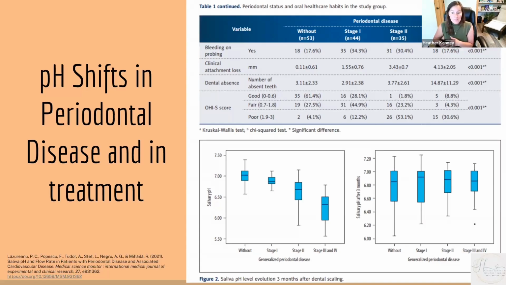On the right side here, you can see after treatment at 3 months, a lot of that pH component has subsided. So don't just think about pH and how it impacts the beneficial, but pH in disease will also shift as well. So the more we can push pH, the happier the mouth is going to be.